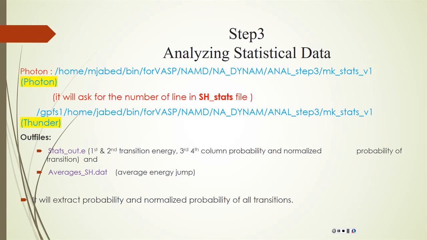But what's the difference between these two files again? Actually, I didn't look at this file. This one is the average surface hopping, but this one is the... I think it gives you statistics, right? So it probably has information without averaging.